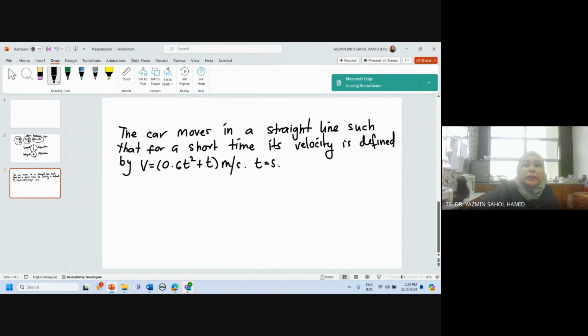Okay, now the question is, determine its position and acceleration when t equals to 3 seconds.